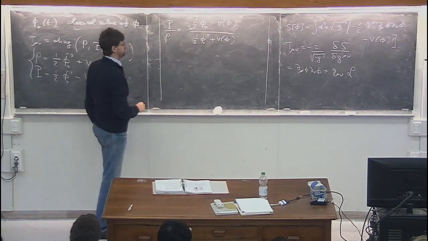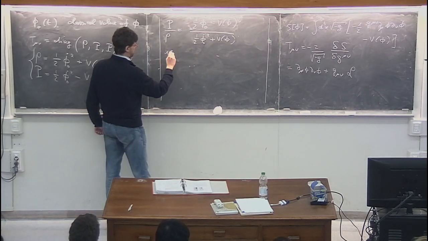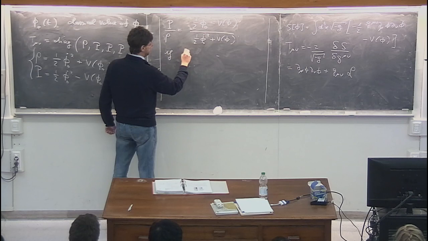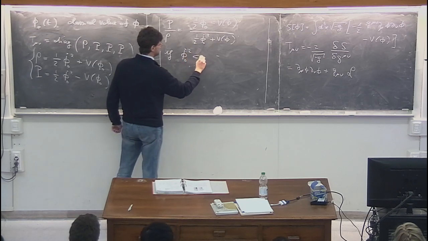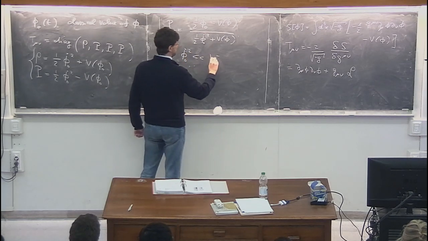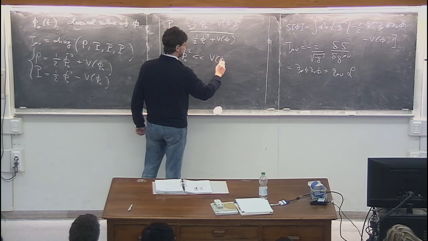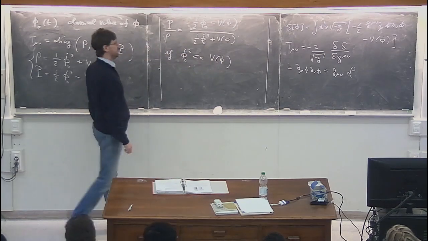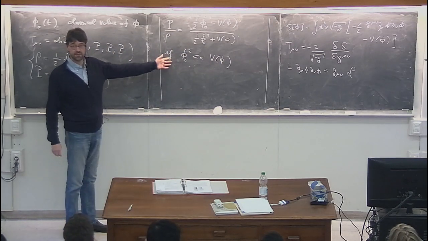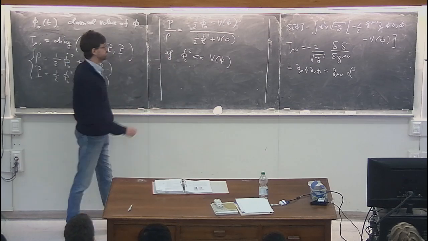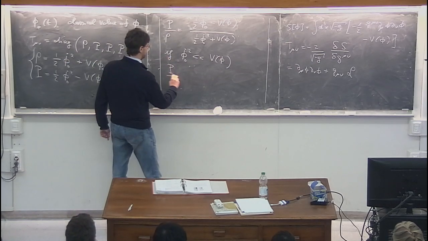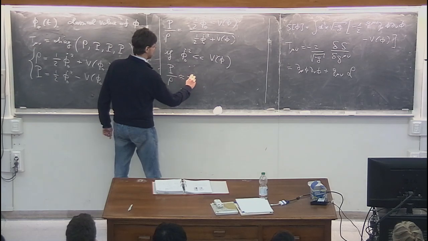And if phi dot square is much smaller than v of phi, which I'm supposing to be positive in this relation, if this condition is satisfied, then P divided by rho is of order of -1.